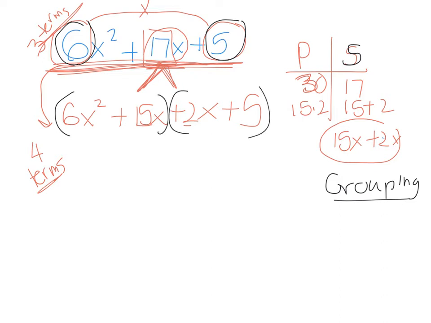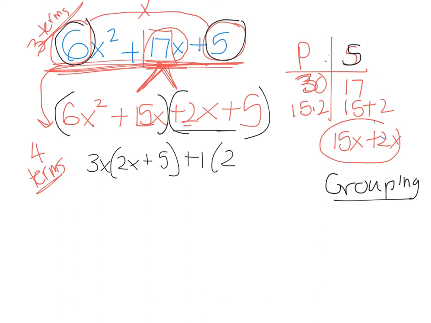When I group the first 2, I'm going to find the GCF, and the GCF of the first 2 is 3x times 2x plus 5. The GCF of the second binomial is just 1 times 2x plus 5.